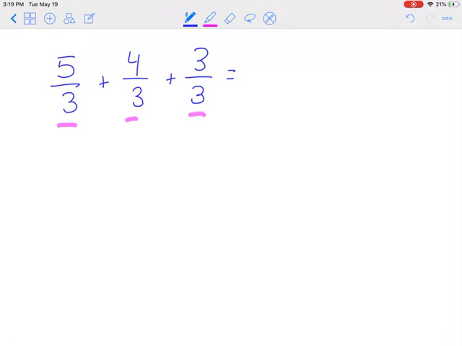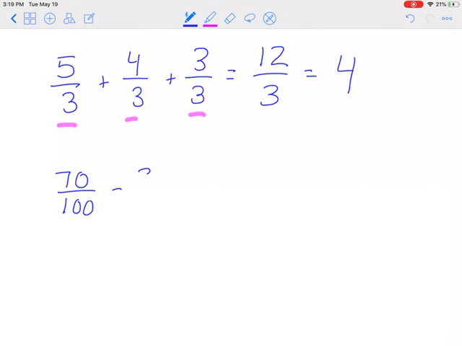So 5 plus 4 is 9, plus 3 is 12. 12/3. Well, I know 12 is a multiple of 3, so it's actually just the whole number 4. 12/3 is equal to the whole number 4.